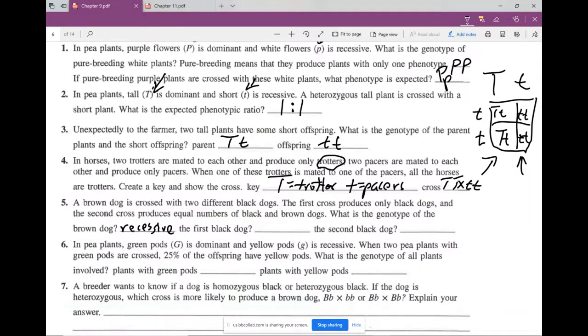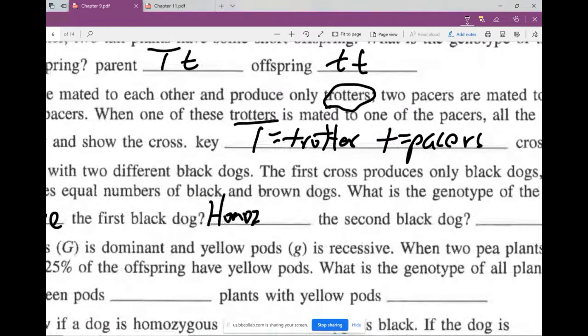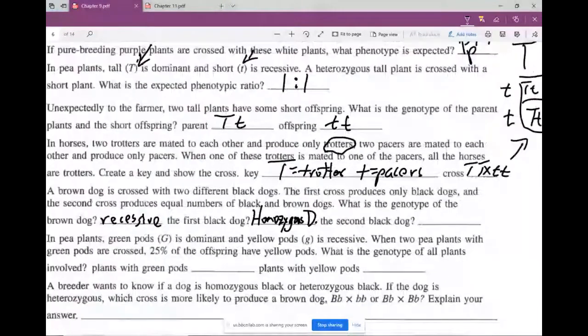The genotype of the brown dog is recessive, and the first black dog would be homozygous. The second black dog would not be homozygous dominant. It would be heterozygous.